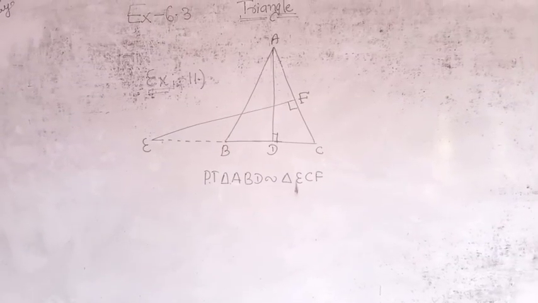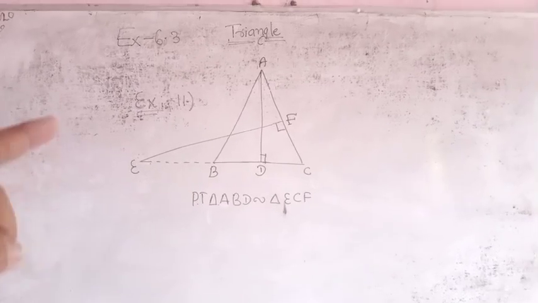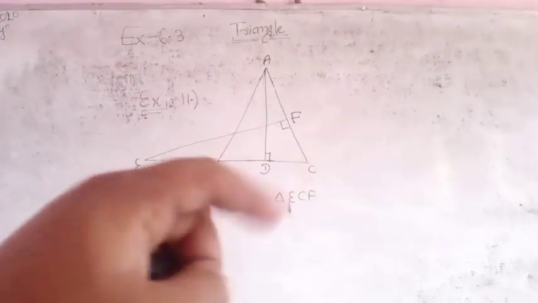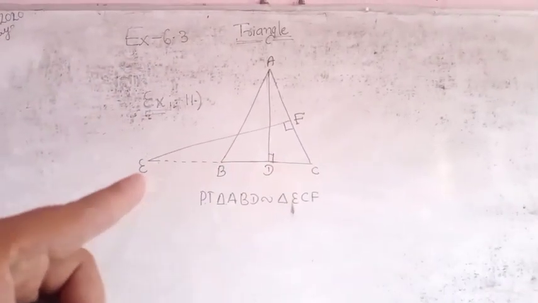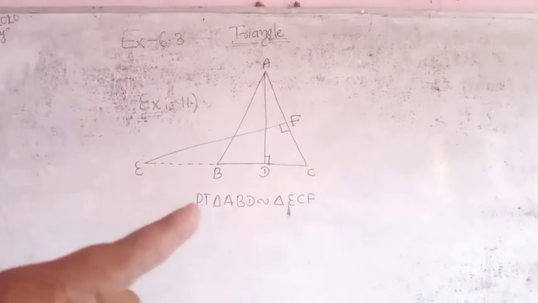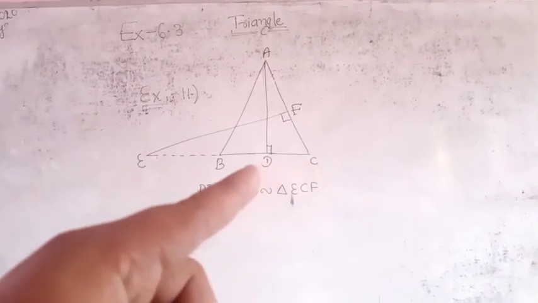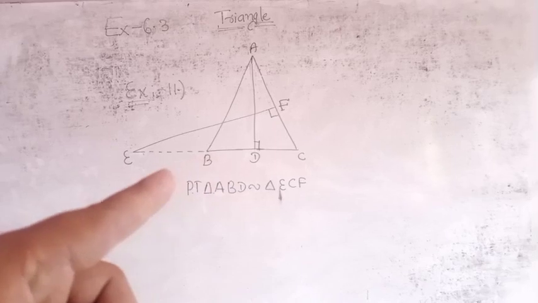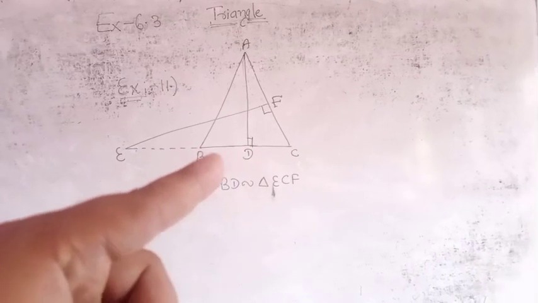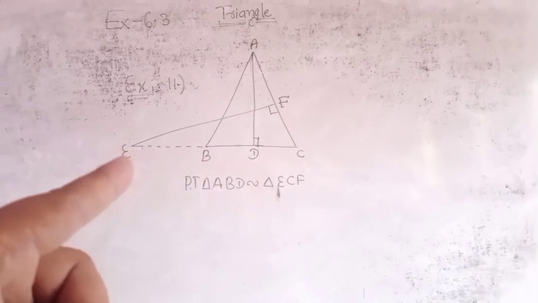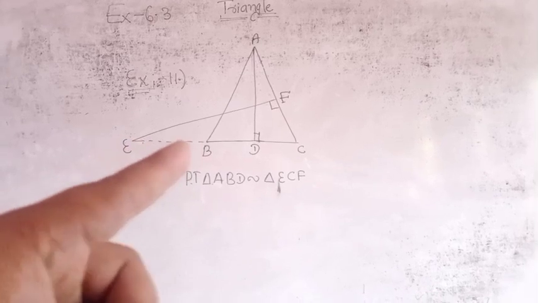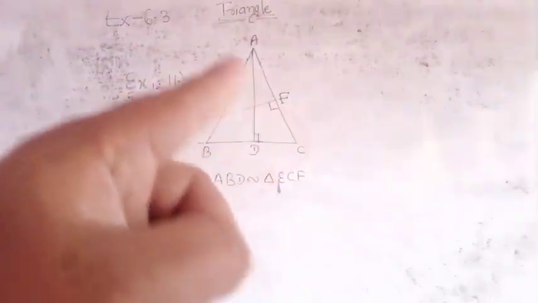Okay, next question, the 11th question. ABC is an isosceles triangle in which E is a point on BC produced. If you produce side BC, you will get point E. EF is perpendicular to AC.